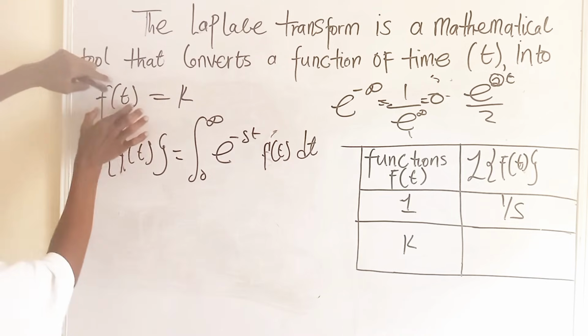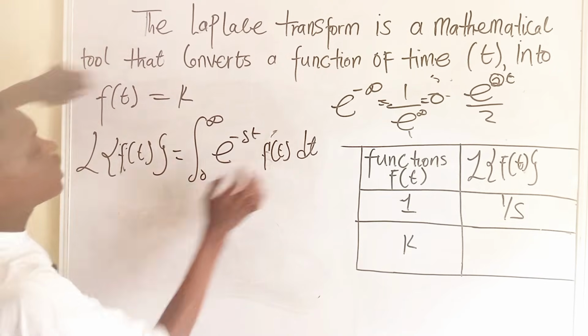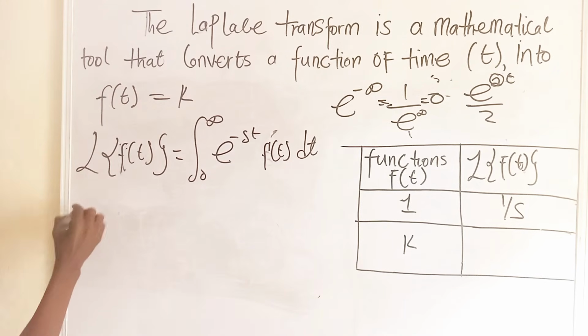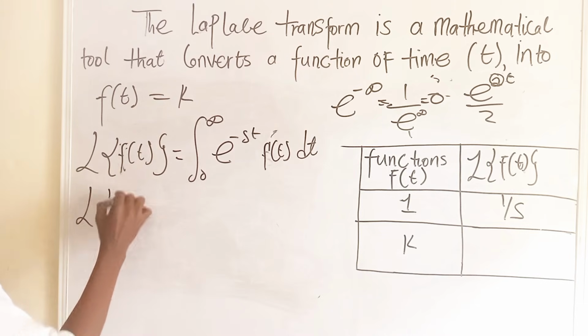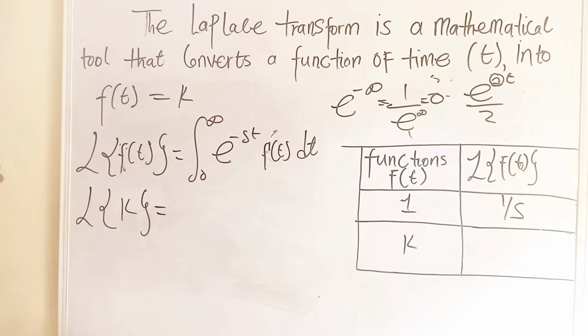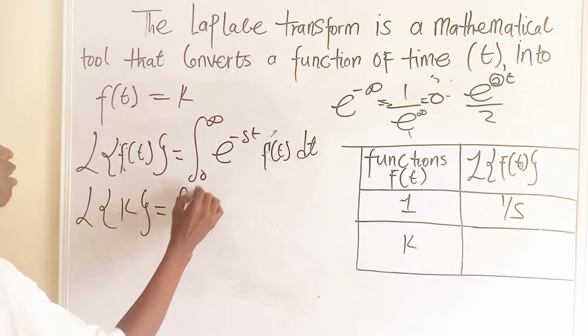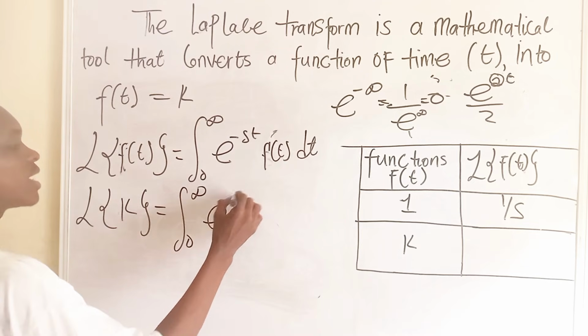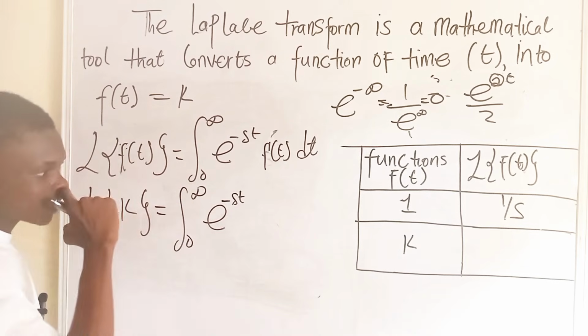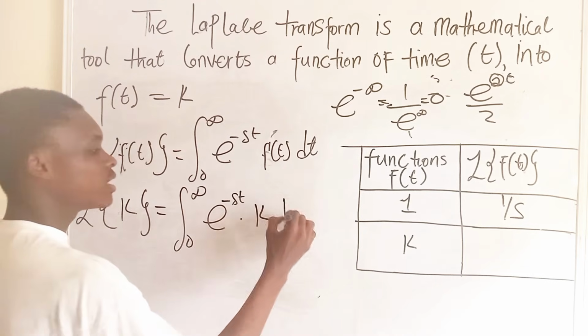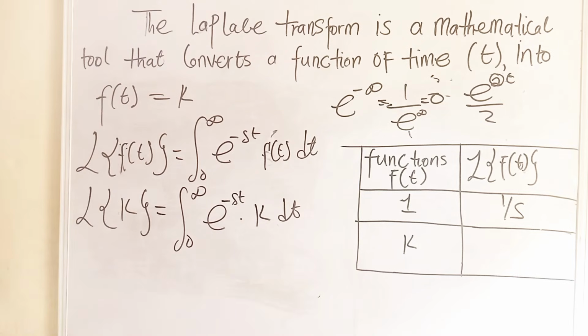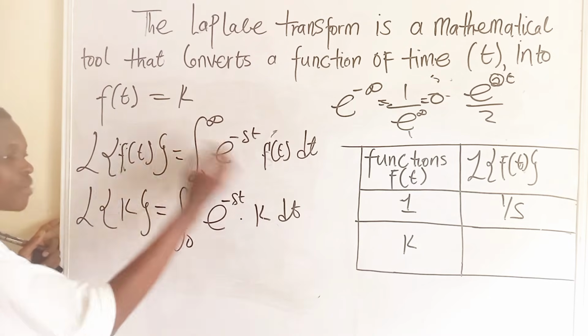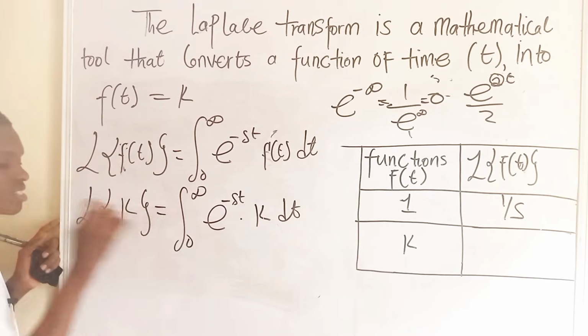So whenever we see our f of t, we put this man here, which is k. So if that happens, we'll see that this is the Laplace transform of k, which is any constant: the integral from 0 to infinity of exponential negative st multiplied by k, then dt. Now since this k is a constant, we bring it to the front of this integral sign.